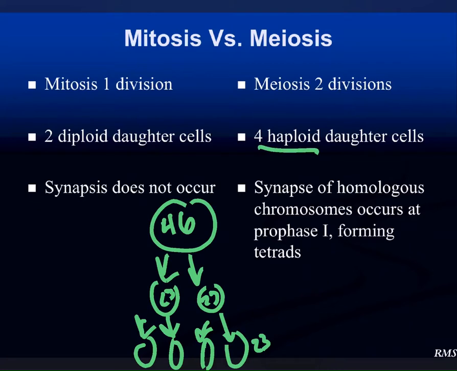And they're haploid cells because you started with a diploid cell and then you went to 4 haploid cells. And the way you get it to split in half is that you find the homologous partner, you join them, and then you split them. So that's what synapsis means.